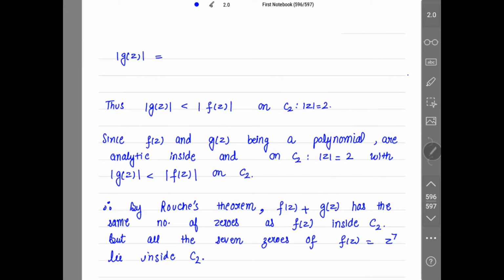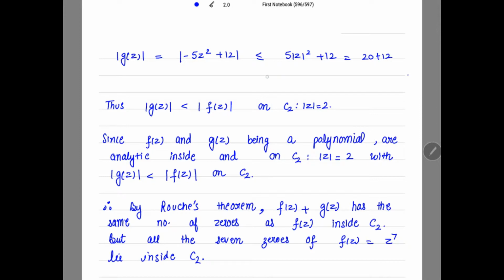So let's check mod of g(z) here. This is mod of minus 5z square plus 12, which is less than or equal to 5 mod z square plus 12, which is equal to, because mod z is equal to 2, 20 plus 12, which is 32.